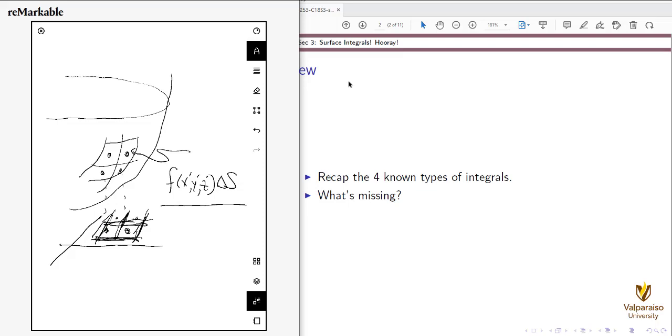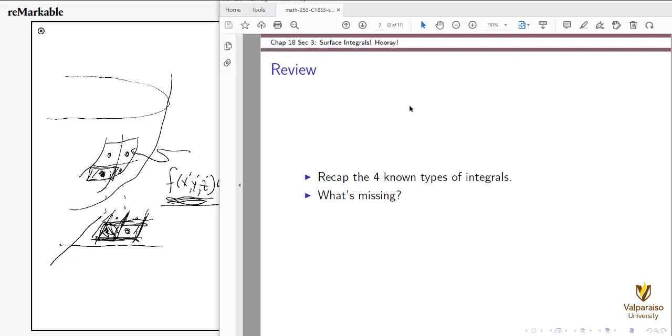Each of those partitions corresponds to a little patch up here on the surface. We take a representative point from that patch, we plug it into the function, we weight that result by the size of this patch, which is also tied to the size of its shadow patch down in the xy plane, and that measures delta S.